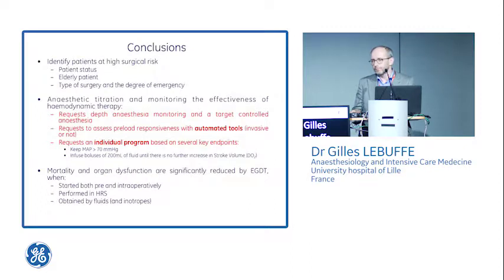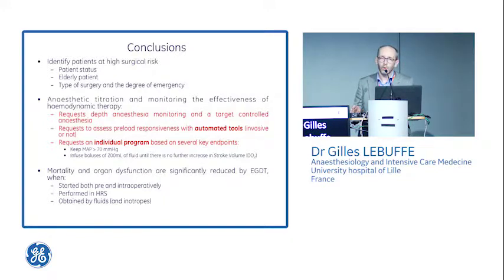So in conclusion, I hope I convinced you of the need to identify at-risk surgical patients. Anesthetic titration is very important, and this requires depth of anesthesia monitoring, and target-controlled anesthesia is also very interesting to titrate anesthesia.